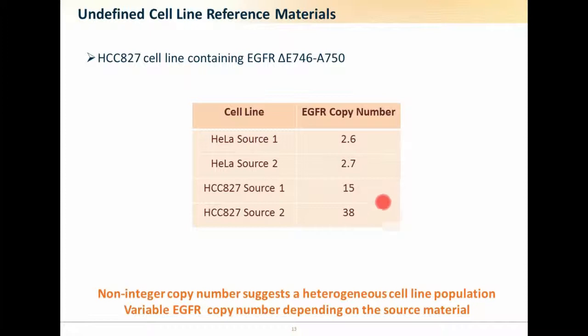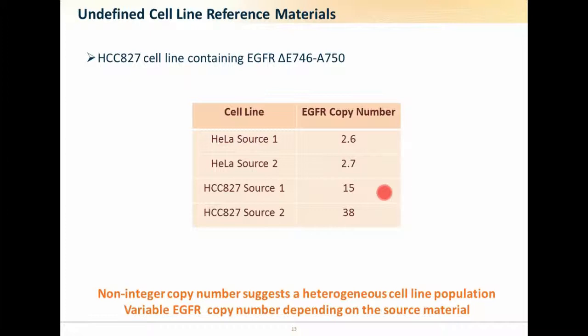So not only can cell lines give you mutations with unknown copy numbers, but depending on the source, they can introduce variability. Although one cell line might be characterized by one lab, unless you get that actual cell line from them, if you get the same cell line from a different source, there may be variability drawn into the assay.